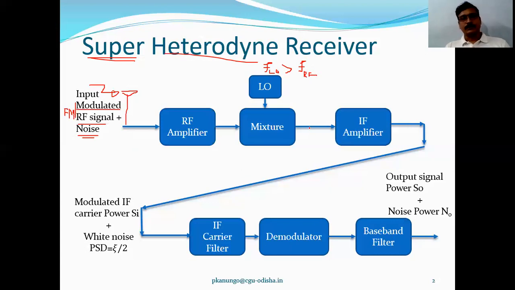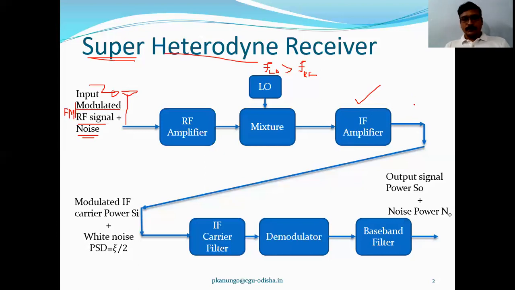One is F_RF plus F_LO, and another is F_LO minus F_RF, and that is known as the difference between the local oscillator and the RF frequency, that is the carrier frequency of the FM modulator, known as the IF frequency. So that's why you have used an IF amplifier, and most of the gain of the receiver we are providing at the IF amplifier.